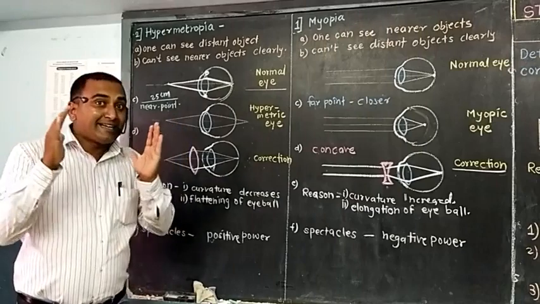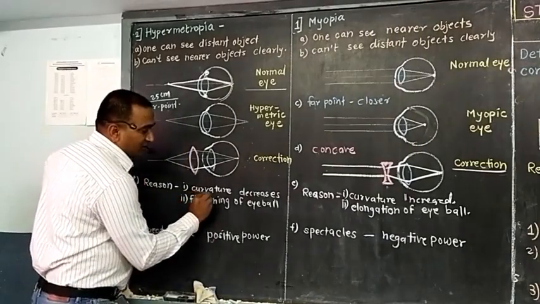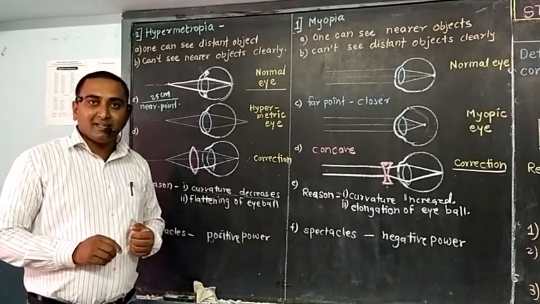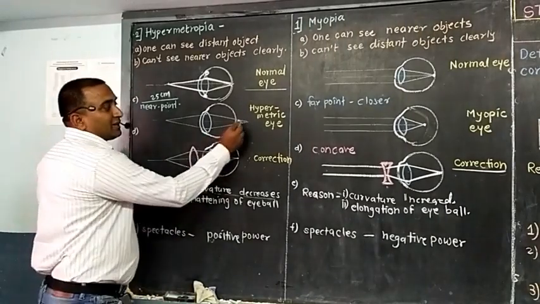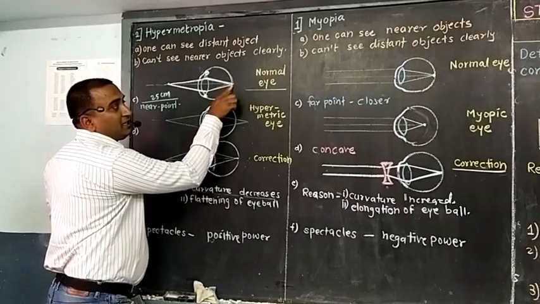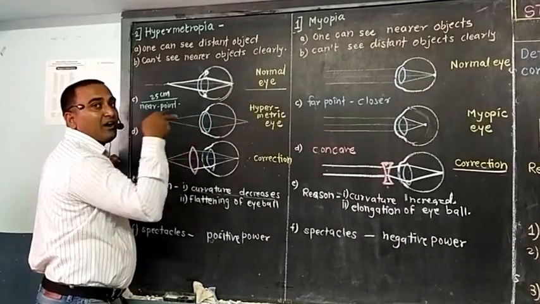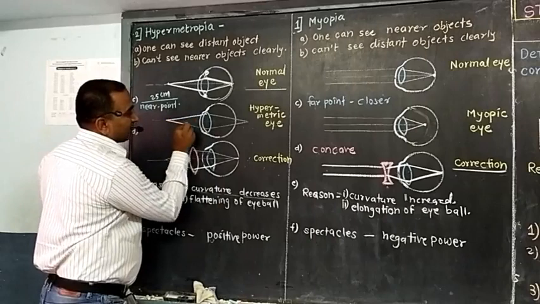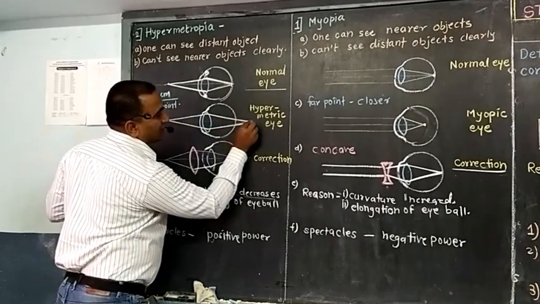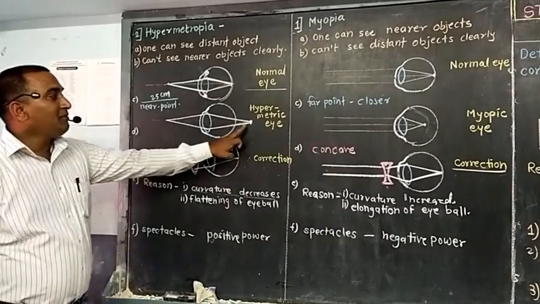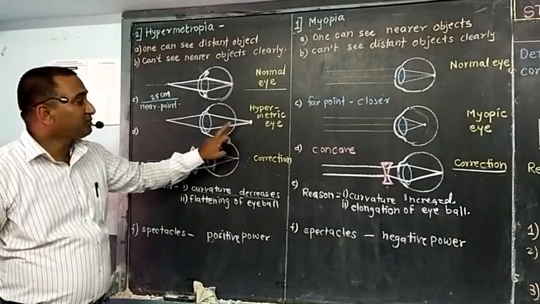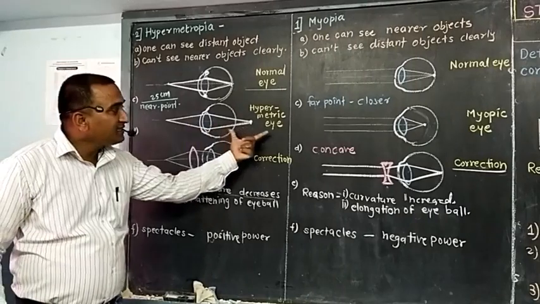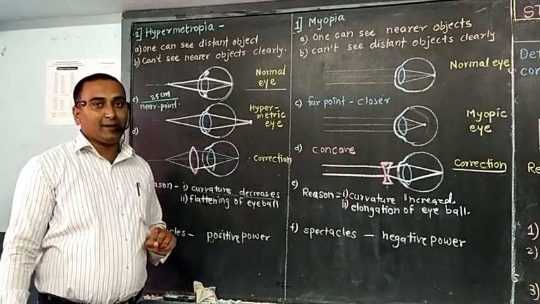So the curvature decreases. See, what is the first reason? Because of the decrease in curvature, as curvature decreases, focal length increases, and as focal length increases, the rays which should meet on the retina are not meeting on the retina now. Because of the increased focal length, they meet behind the retina. Now the image is forming behind the retina. So which problem does this eye have? This eye has the problem of hypermetropia. So this eye's diagram is called a hypermetropic eye.